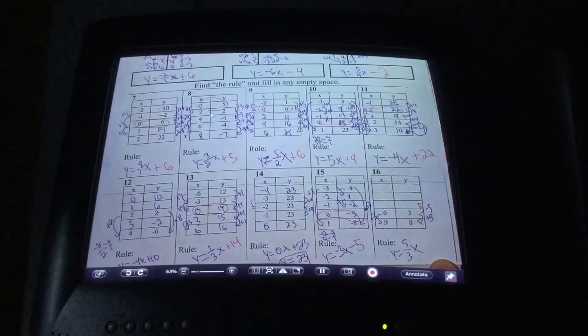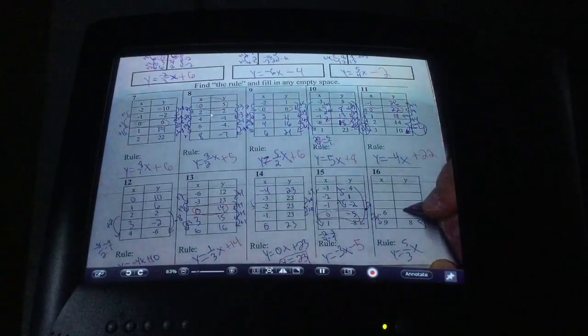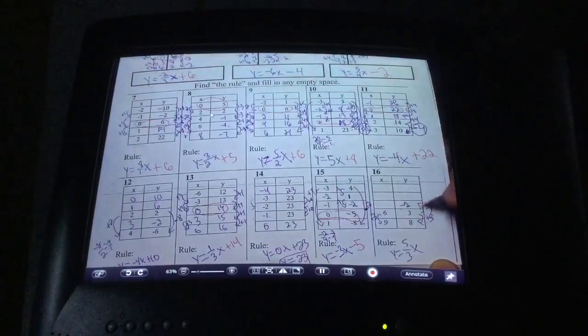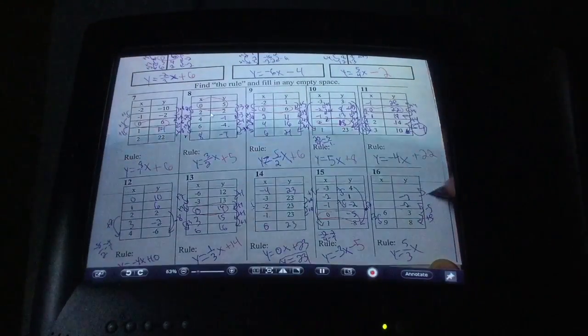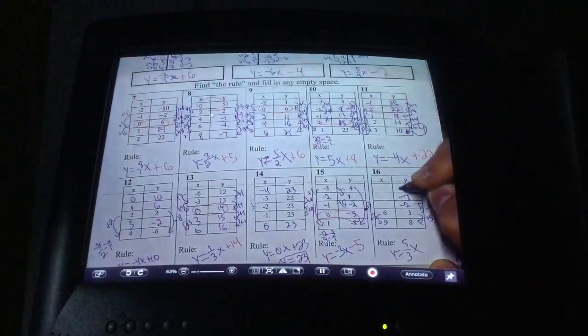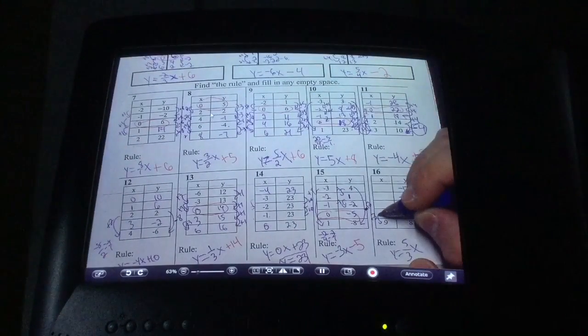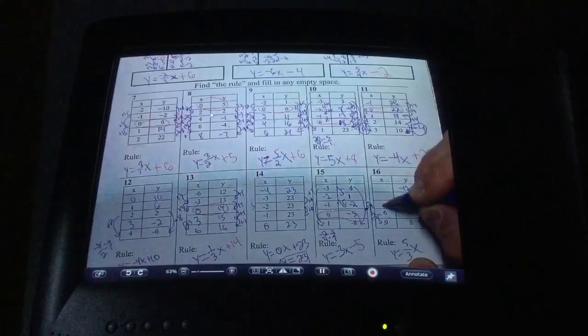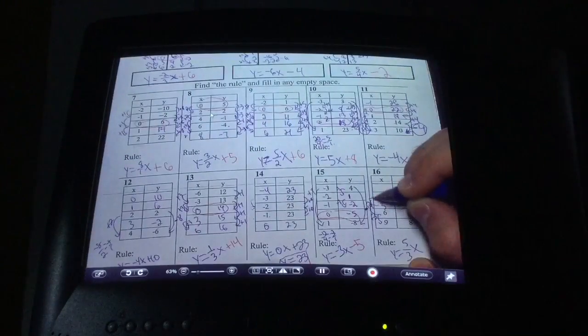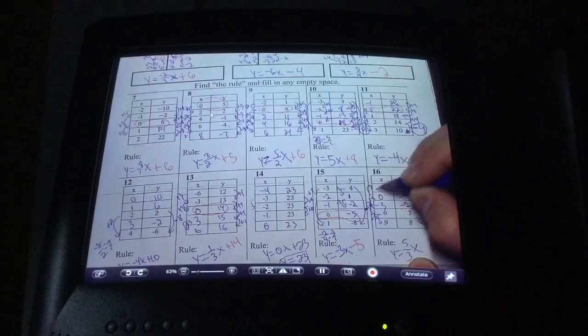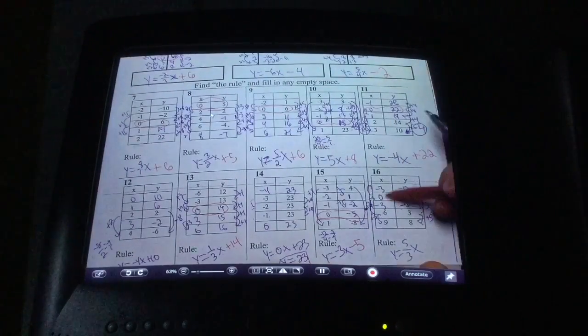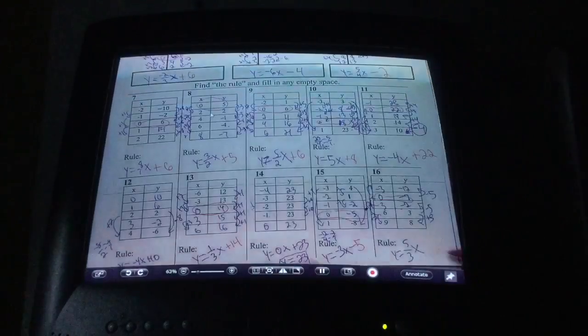If you subtract 5, that's going to give you a negative 2. Subtract another 5, that's going to give you negative 7. Subtract another 5, that's going to give you a negative 12. Over here to go backwards, we're going to have to subtract 3, that gets you 3. Subtract another 3, that gets you 0. Subtract another 3, that gets you negative 3. So the input of 0 gives you an output of negative 7.